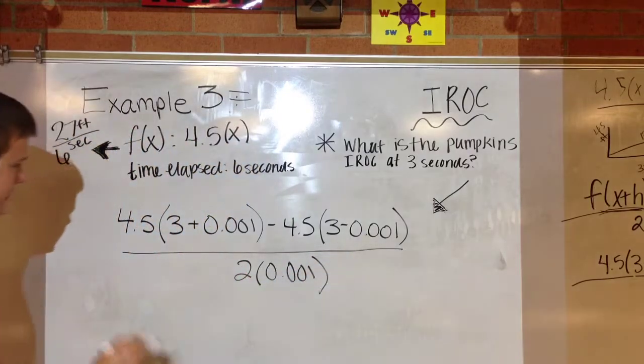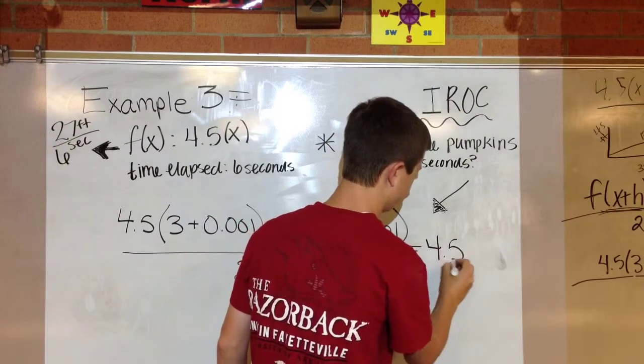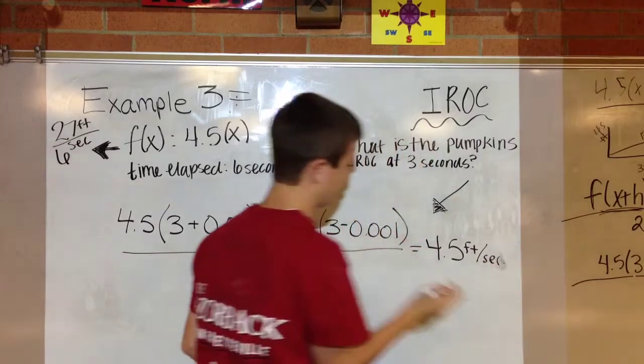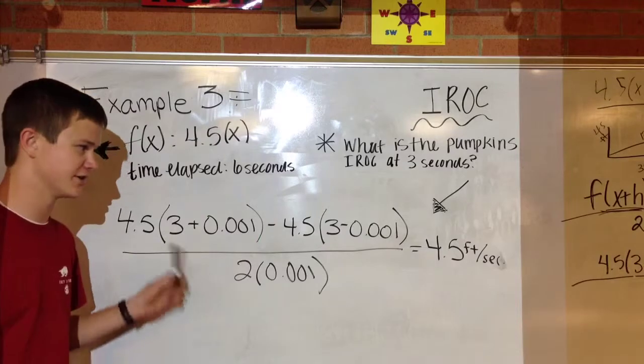And if you enter this in your calculator, you'll find that it is 4.5 feet per second. And this actually is the exact same as the average rate of change for this.